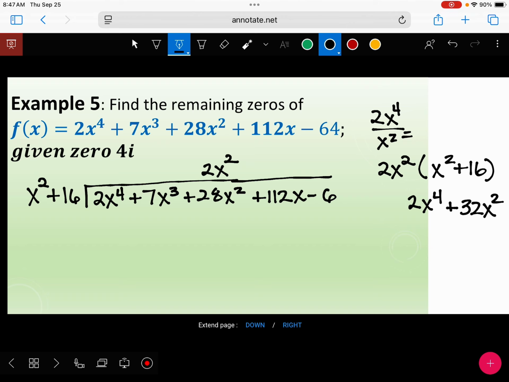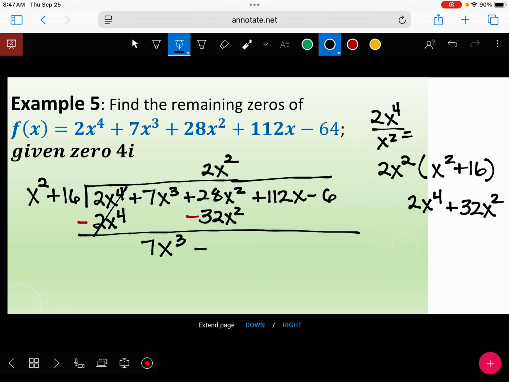So I'm going to bring it over. Line it up with its like term, though. You always flip the sign before you add. So this cancels out. So now I have 7x cubed.